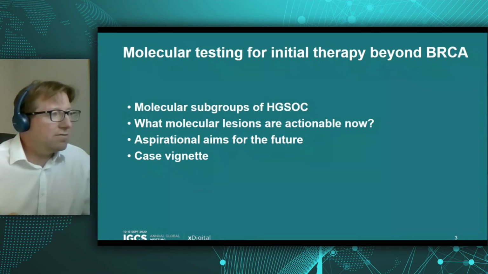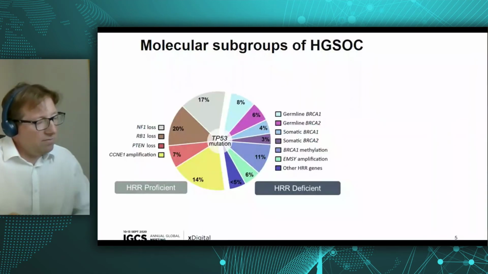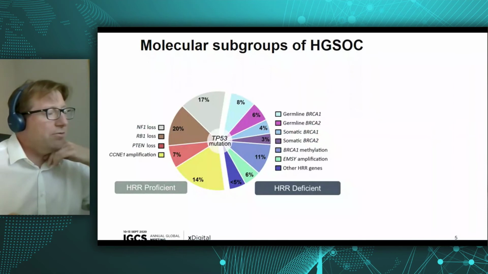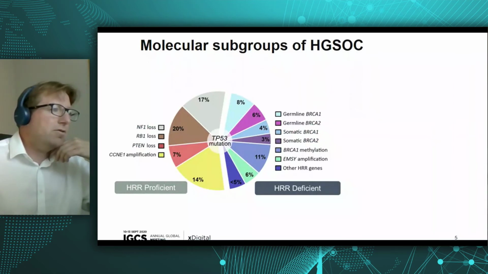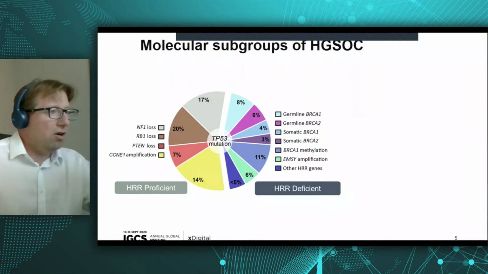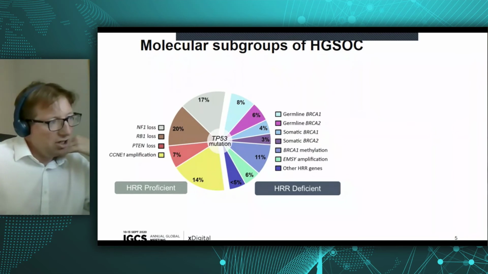a quick case vignette. So the molecular subgroups of high-grade serous ovarian cancer, this is a picture many of you have seen before, or variants of which many of you have seen before, where you've got one half of the pie chart having the various abnormalities that cause homologous recombination repair deficiency, all the germline and somatic BRCA abnormalities and the other abnormalities in HRR genes.